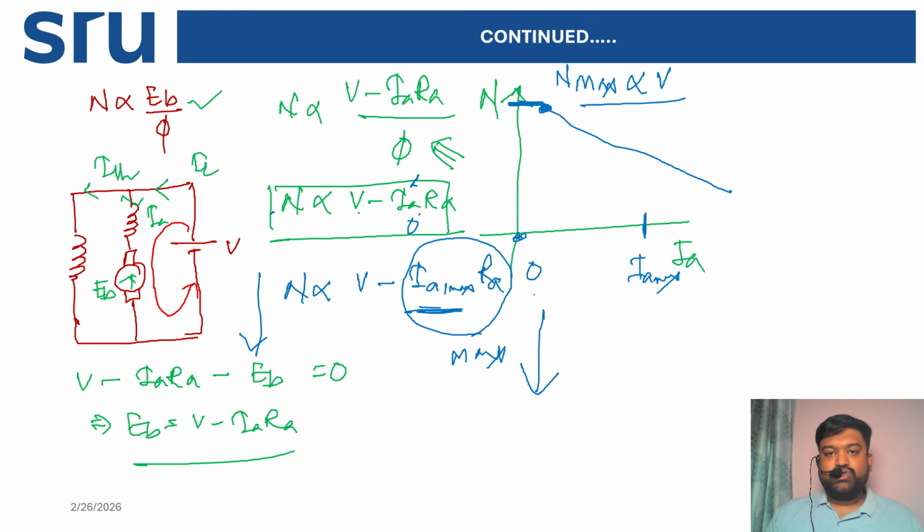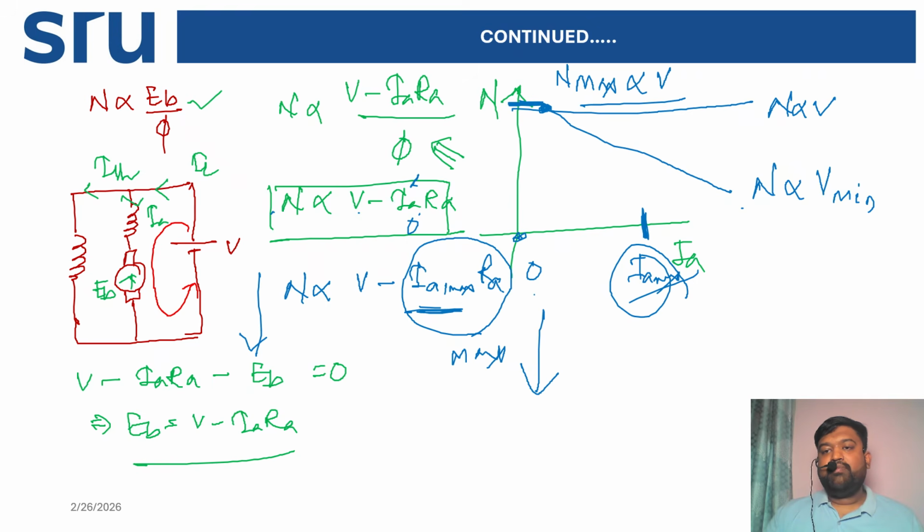Initially, N is directly proportional to voltage, and at IA max, your speed gradually decreases. Now you see, N is directly proportional to V minimum because it is V rated.